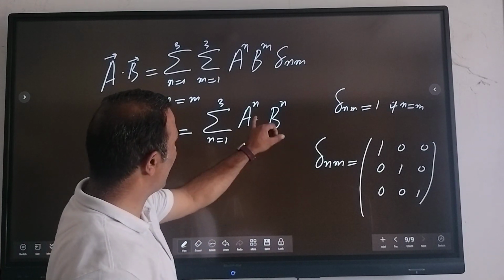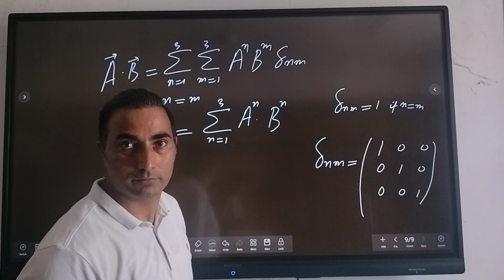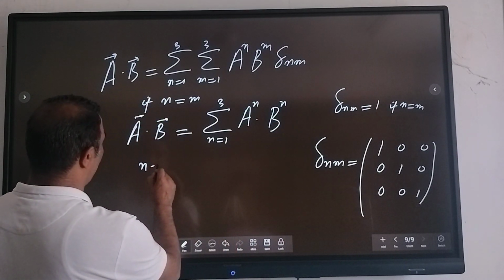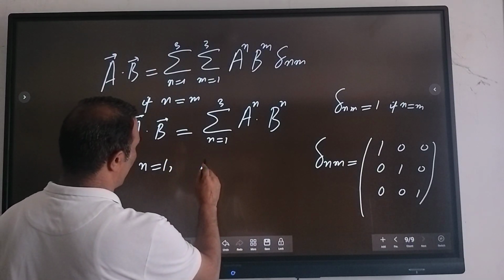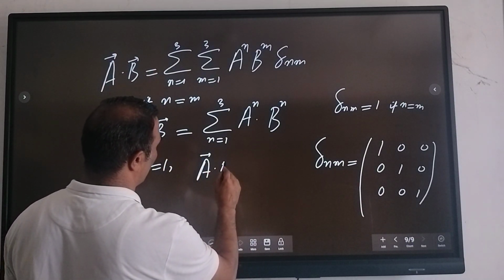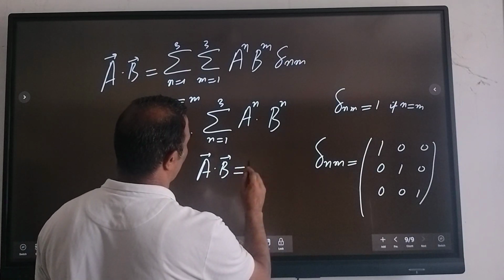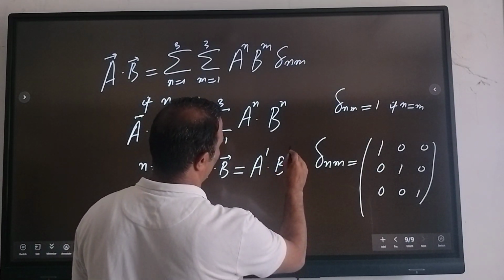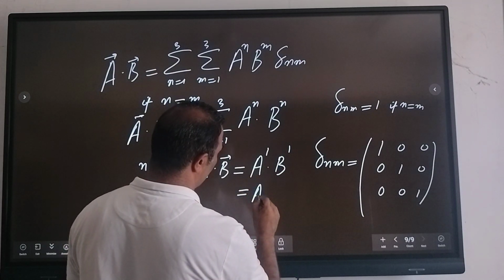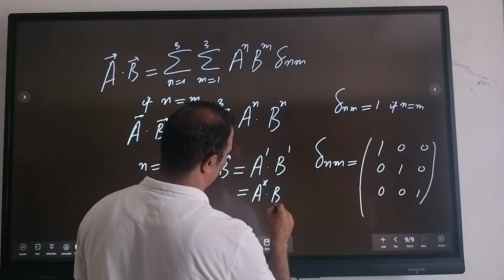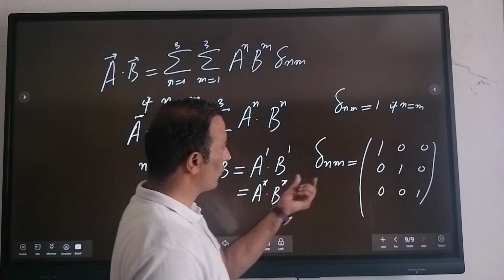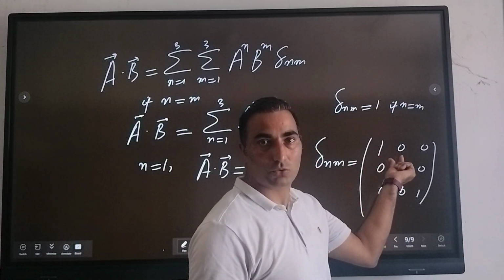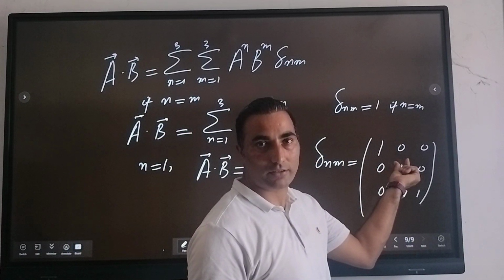So here if I take the value of n as 1, so if I put now n equal to 1, that means our a dot b will be equal to a1 b1. So that is equal to ax bx. So which component will that be? That corresponds to this because n equal to m, so that is equal to this one.